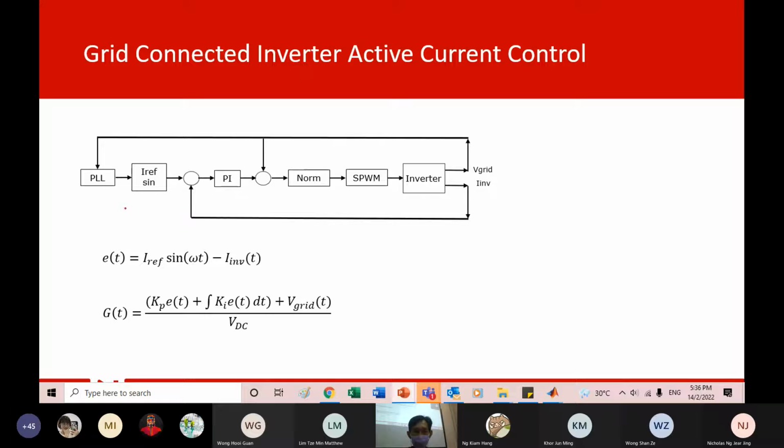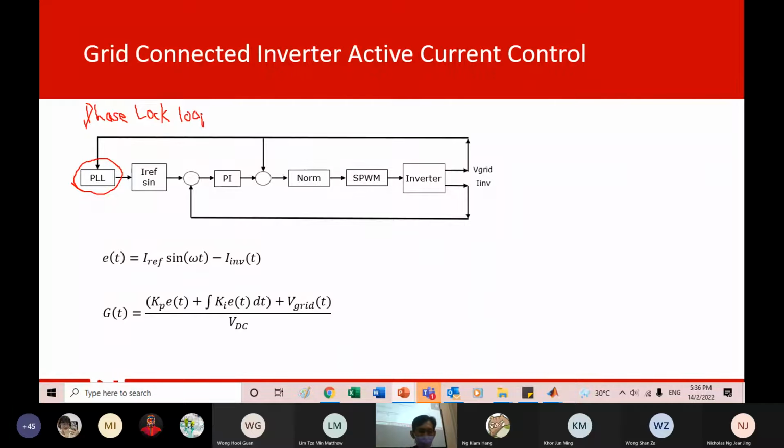Now the control structure. The first very important thing is the PLL. PLL stands for phase lock loop. Remember, I said grid connected, your phase must be the same as the TMB phase. So in order to do that, there is a system called the phase lock loop.